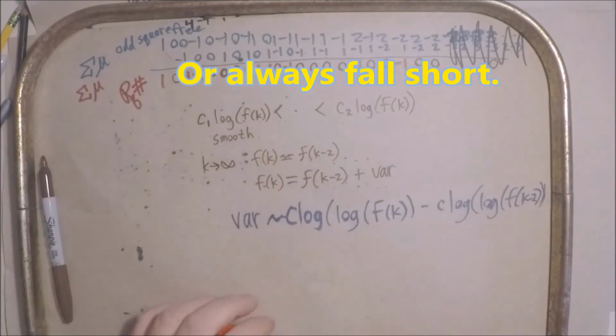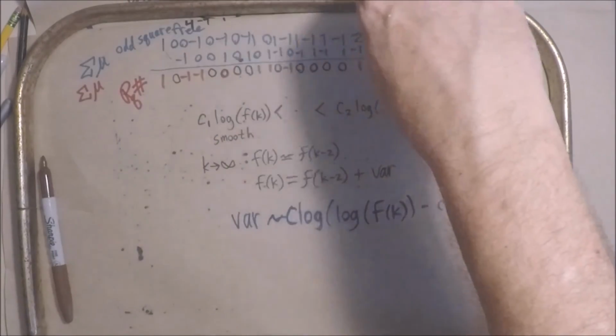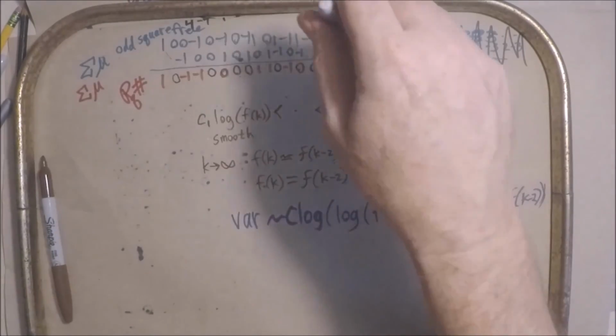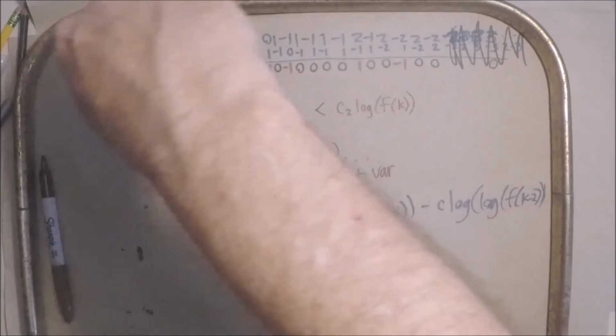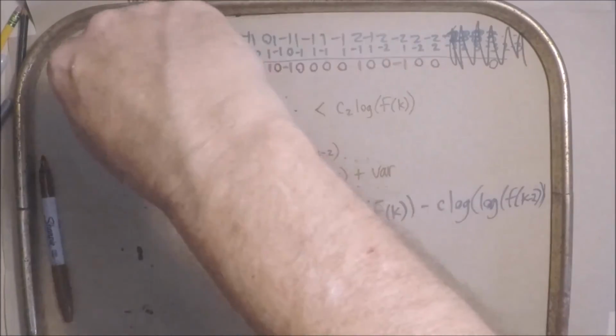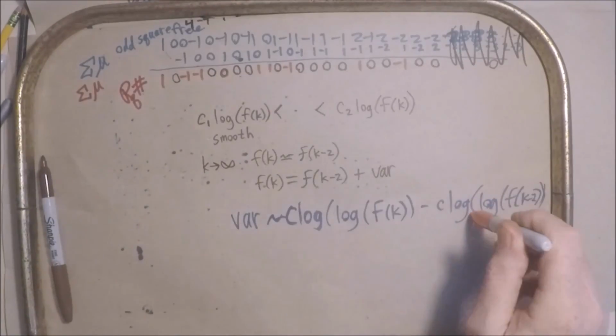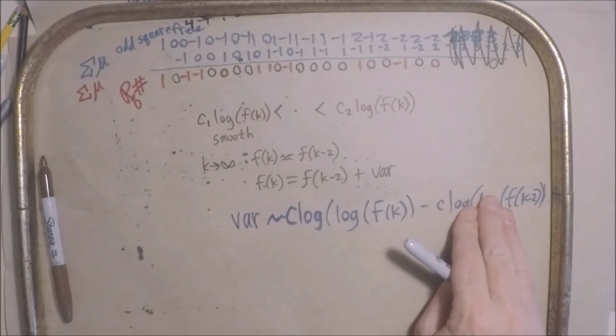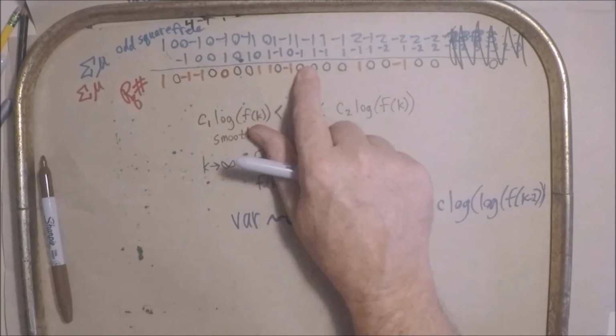And that's basically it. If this is growing like log, then this is the variance and it's not growing, or it's growing extremely slowly because it's log, and it'll never be able to accumulate from a zero.